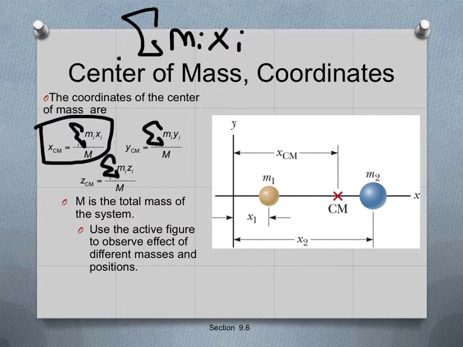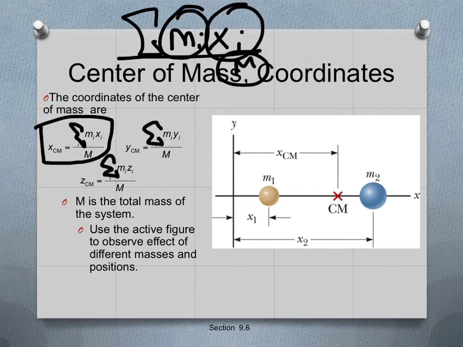And then all of that is divided by this capital M, which remember on the last slide we just said represents the total mass of the system. So ultimately what we're doing is we're breaking apart and taking the sum of the masses times their position in the x direction, and then we're dividing it by the total mass. We're doing that for each y and z as well as for the x direction.